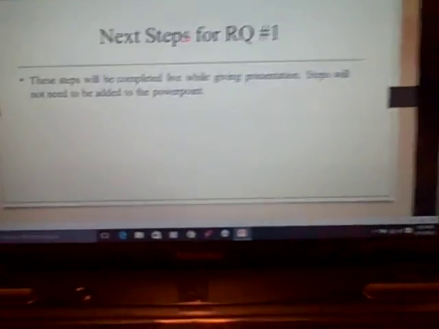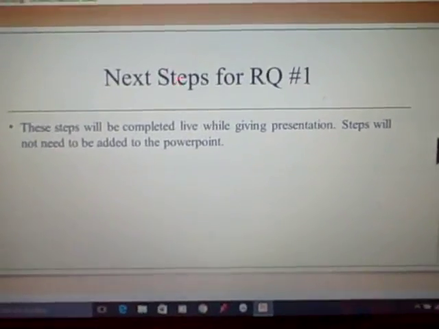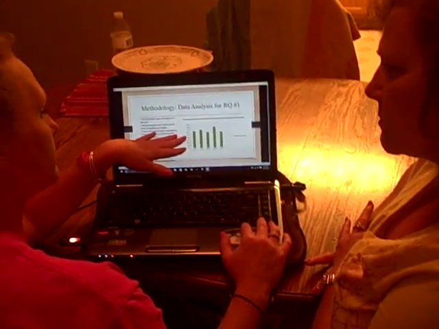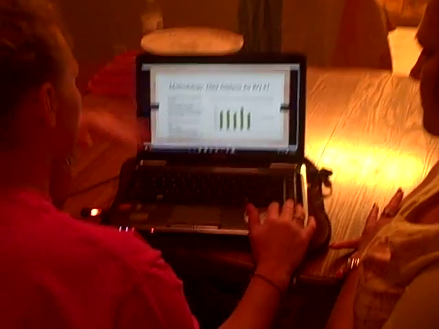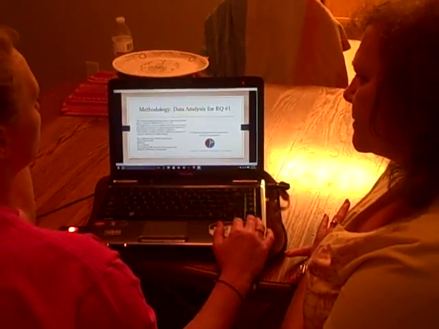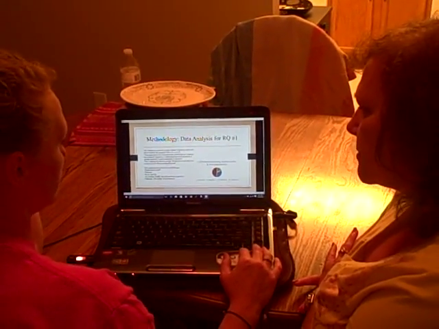So some next steps for this research question. After I have analyzed all of the data, based off of my whole data collection, using this technology and this program is benefiting these students.